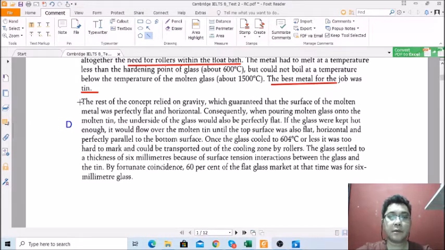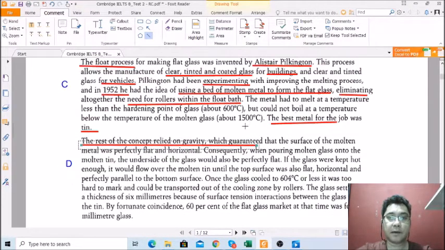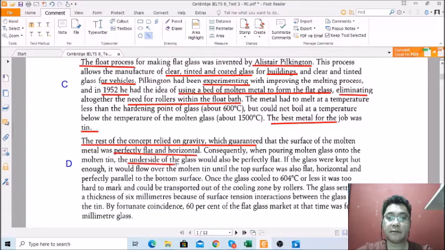Okay, and here we need to understand that this is simply the rest of the process that has been talked about in the previous paragraphs, and this is perfectly flat and horizontal. Consequently, when pouring molten glass onto the molten tin, the underside of the glass would also be perfectly flat. This is very important for you to understand.